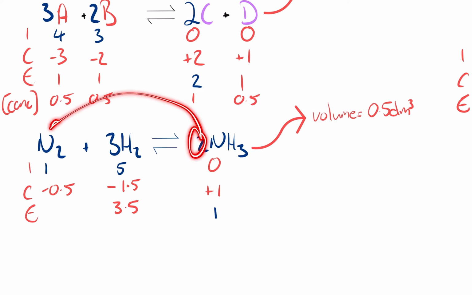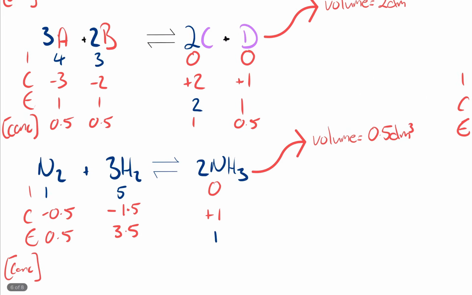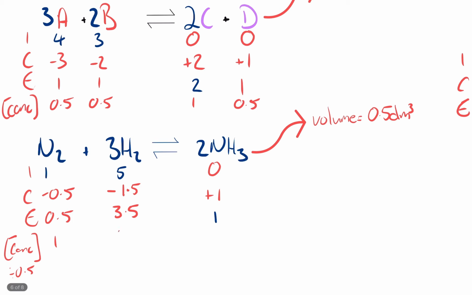Again, 2 to 1. This time, I'm going to divide all of my numbers by 0.5. So there I get to 1, 7, and 2. Again, we'll look at that in the next video.